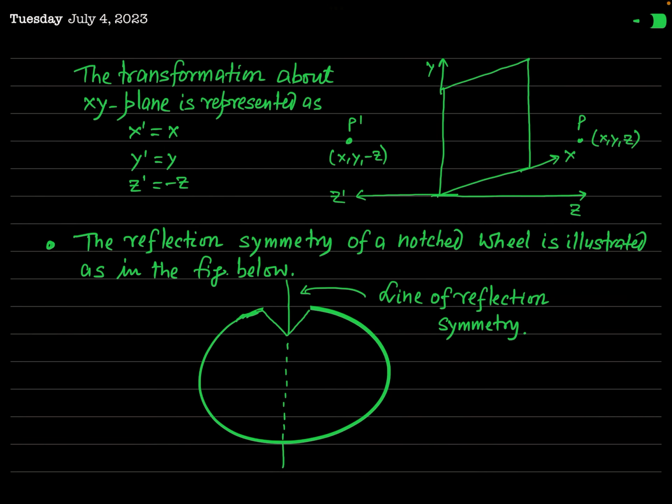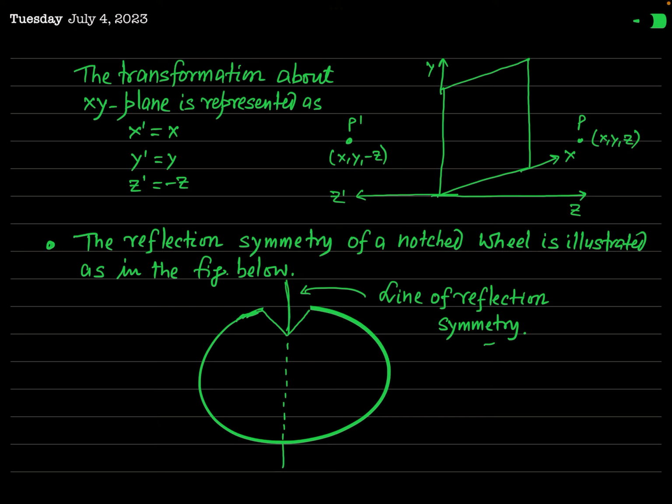For example, you can see this figure. Here I have shown a notched wheel, and this wheel possesses reflection symmetry about this line, which I have drawn here.